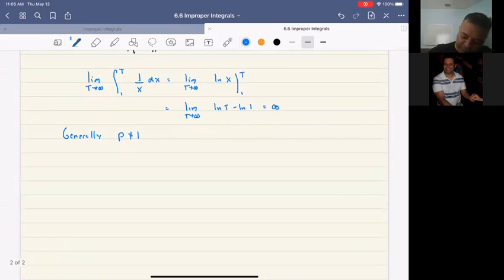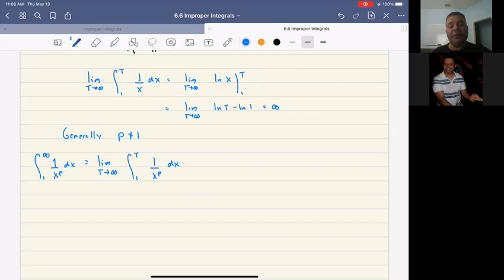So we're going to take the limit as t goes to infinity of the integral from 1 to t of 1 over x to the p dx. You could write this as shorthand, the integral from 1 to infinity of 1 over x to the p dx. Now the antiderivative here, I've got to be careful, otherwise I'll screw it up.